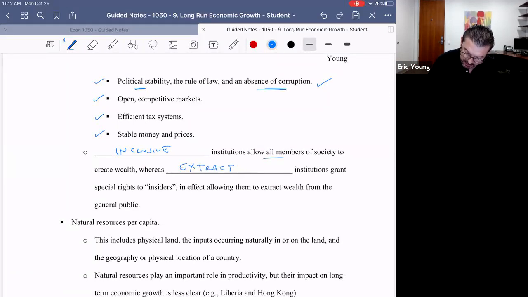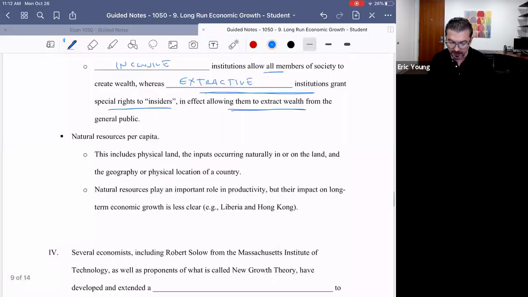What some people call extractive institutions, they do not benefit everybody. In the case of extractive institutions, these special rights, these special privileges are only given to insiders, to cronies. And in effect, this allows those insiders to extract wealth from the rest of the general public, okay? And that's not a good thing.